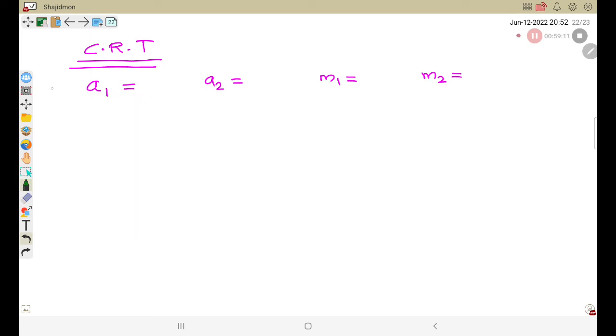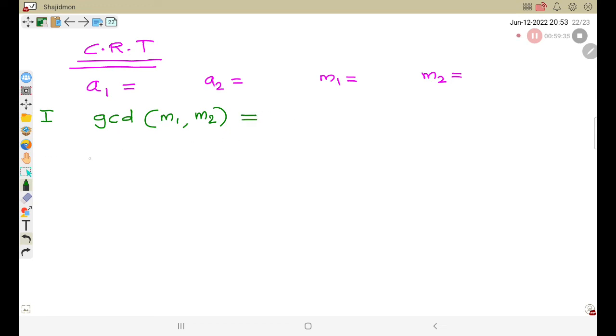You can write this in the beginning. Now in the first step, we check the GCD of the numbers M1 and M2, which should be 1.